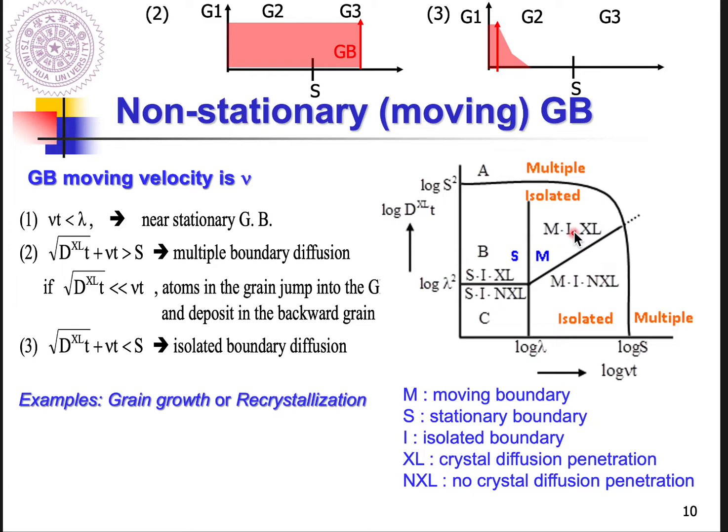But why, in these moving boundary cases, is the border between penetration and non-penetration a line with this kind of slope? Can we derive or prove this? And what's the slope of this straight border line? Yes, this next slide is going to explain how to calculate this straight line with a slope.